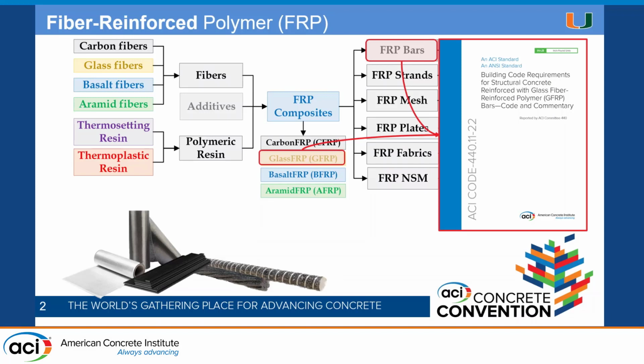That is the first code in mandatory language for the design of structural concrete elements with GFRP bars. So from now on, I'll be only discussing GFRP bars. That is the only code that we have right now, although the ACI 440.1R-15 is a guideline that discusses the other types of FRPs.